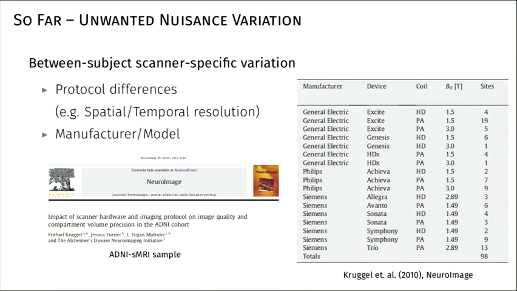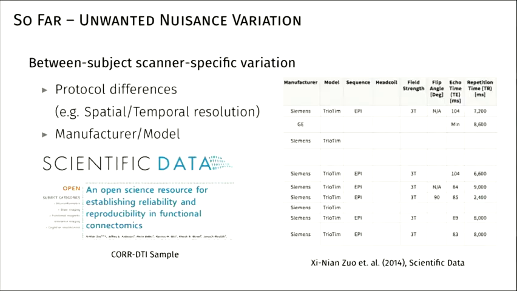So where does this unwanted nuisance variation come from? For example, if you look at the ADNI data set, they have a lot of different data from different scanners. So change in make and model, scanner variation, is one source of nuisance variation in these large data sets. That was with structural data, but you can see the same for DTI data.